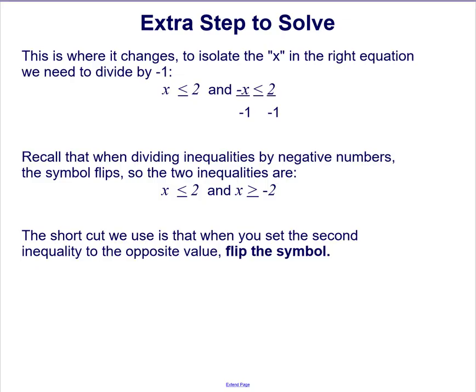The shortcut we use is that when you set up the second inequality, the opposite value, flip the symbol. I'll read that sentence again because that's important. The shortcut we use is that when you set up the second inequality to the opposite value, flip the symbol.